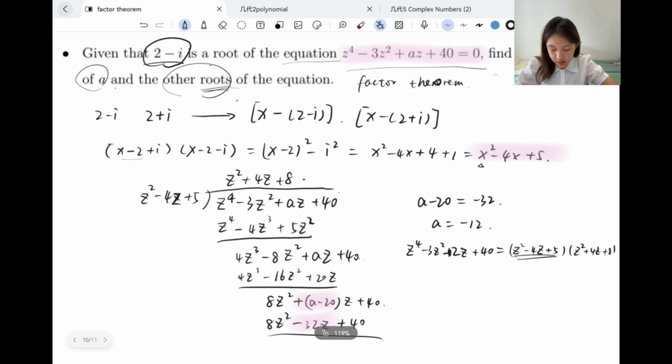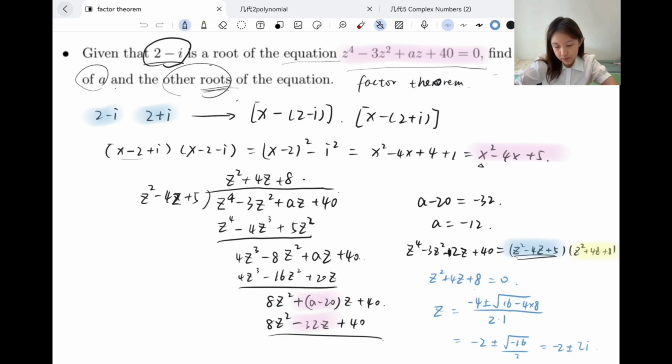From this factor, we learn that 2 minus i and 2 plus i are roots. And then we should find the roots from the other factor. The other two roots are 2i and minus 2i. Okay, this is the last question of our class.